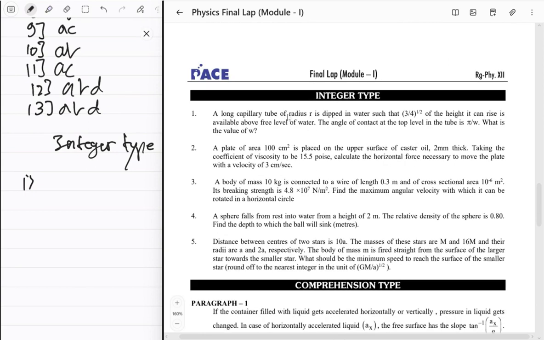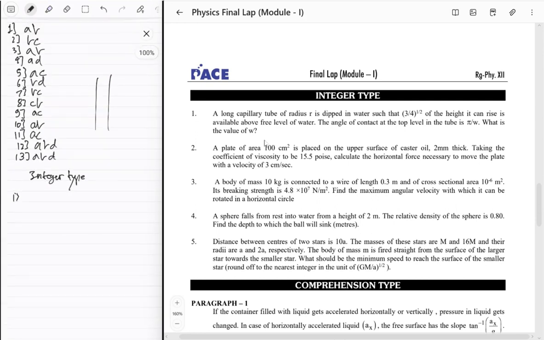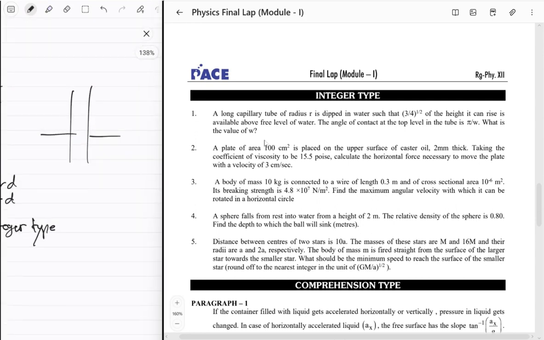A long capillary tube of radius r is dipped in water such that 3/4 to the power 1/2 of the height it can rise is available above the free level of water. Draw it: capillary tube, free level of water. Okay, the height it can rise, that is h. So the height is less than what is usually the case, right?